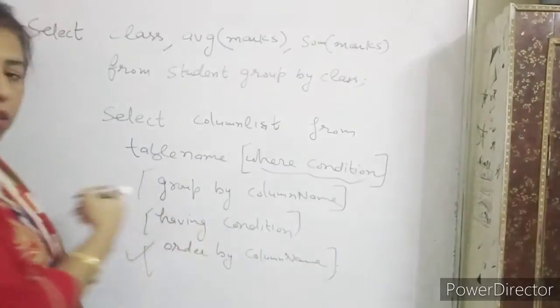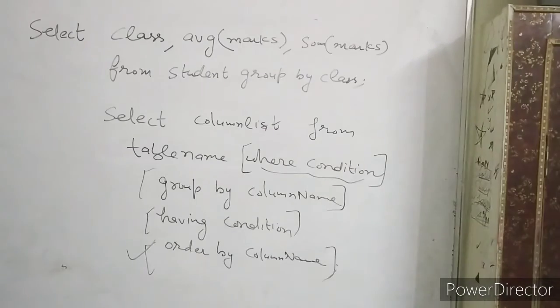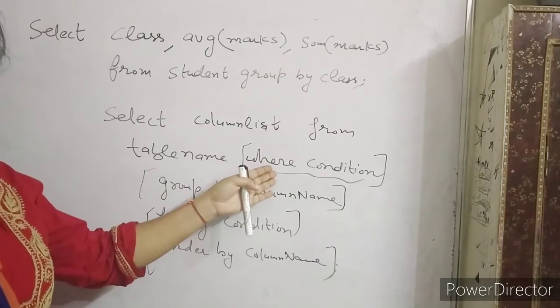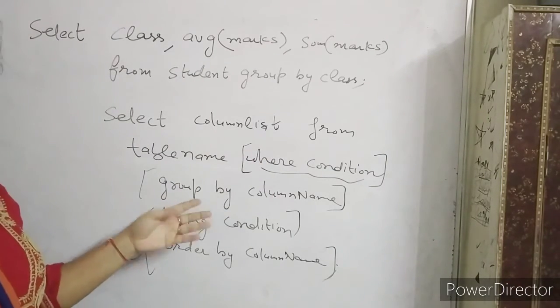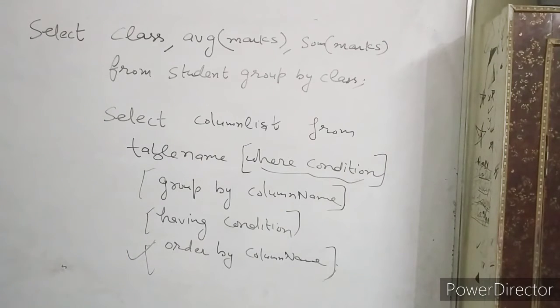Clear? If no condition is there in my query, then I will remove the where. If no grouping is there, I will remove the group by. But the sequence remains the same. If there is where in my query as well as ascending or descending, then I will use where condition, order by column name. Remove the group by and having. Clear?